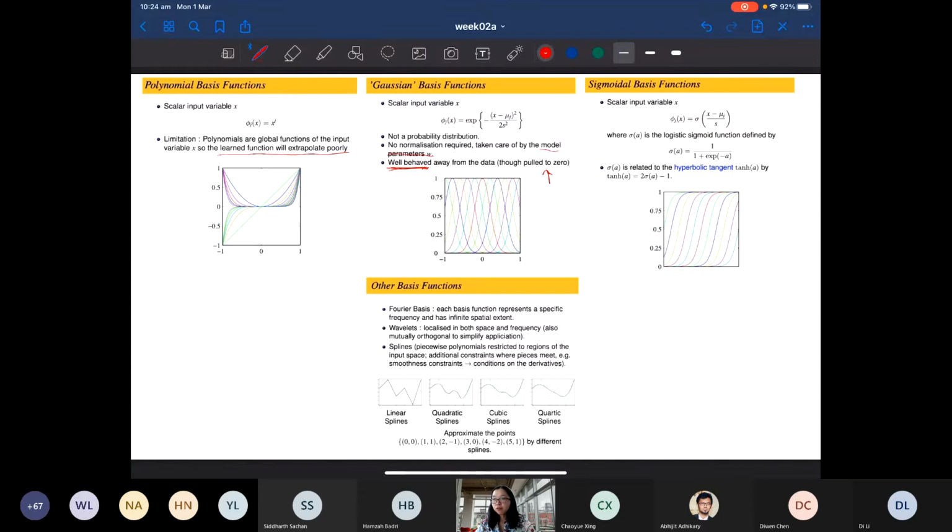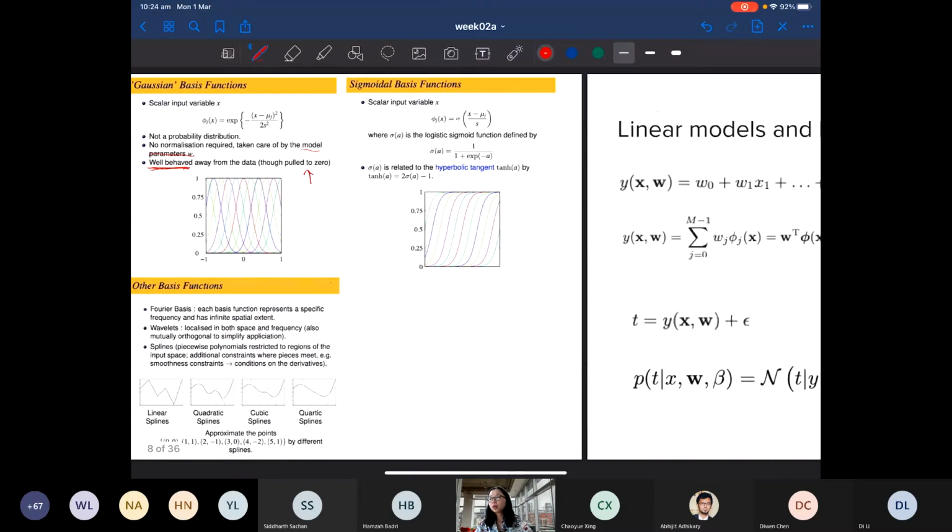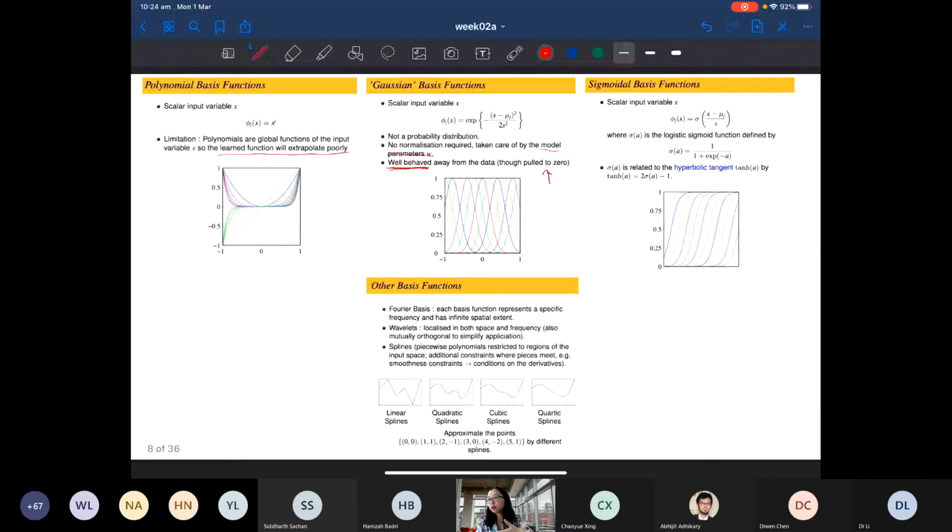You could also have wavelet functions that are essentially generalizing Fourier in the time and frequency space. You can also have splines that are essentially piecewise polynomials that are smooth when they are joined. And it's only defined on a fixed input interval, so that it's well behaved. Right. So these are basically a menu of choices of common basis functions. Other basis functions are possible.